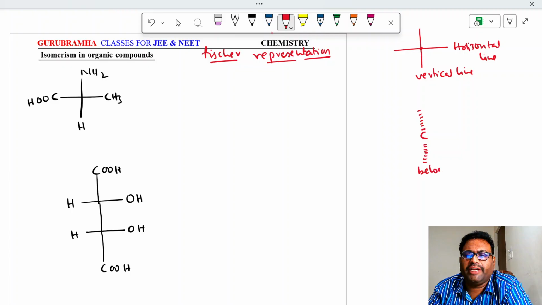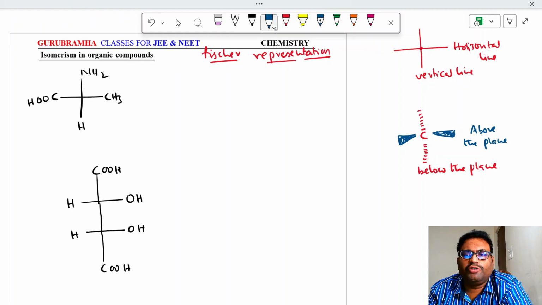The groups which are present in the vertical line are below the plane, and the groups which are present in the horizontal line are above the plane.